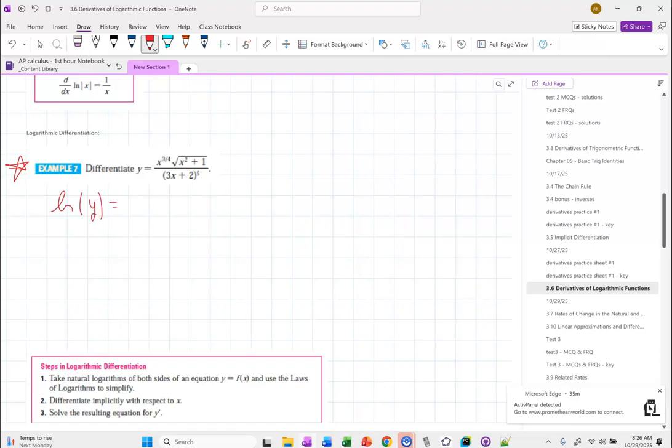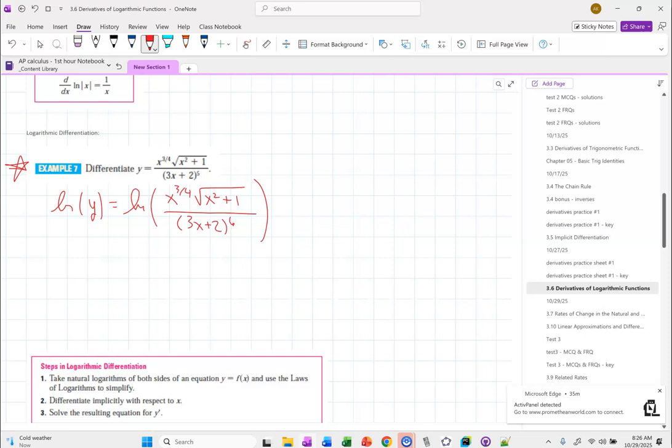So what we'll do is start by taking the natural log of both sides of this equation. Is everybody okay with what I've done? And again, if I'm doing it to both sides of the equation, no problem.